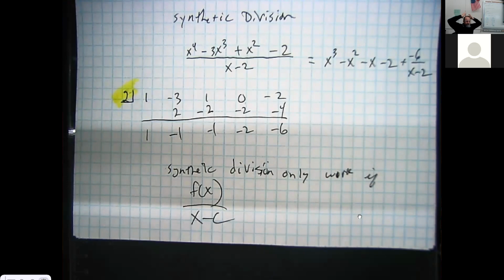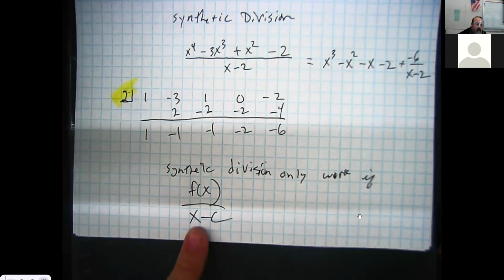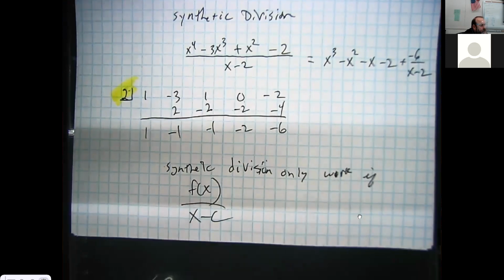Now, as I say that, that's going to seem a little bit strange to you guys, but I want you to notice something. What is my leading coefficient on this x minus c? 1. Which means technically if somebody says, hey, let's divide by 2x minus 3, then it doesn't work anymore. What if somebody says, hey, let's divide by x squared?